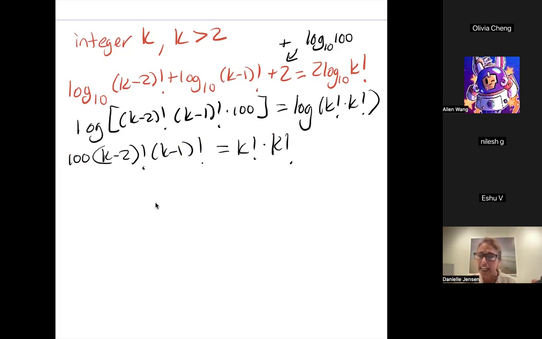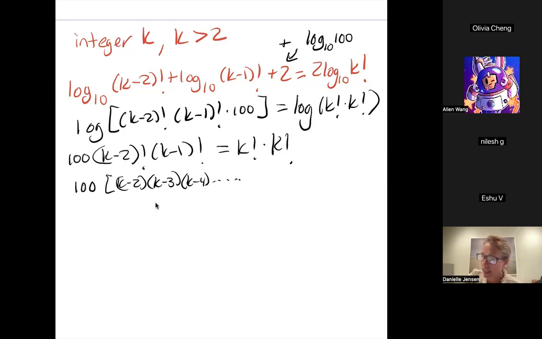right? And I know this is going to simplify, and if I don't quite know how it simplifies, because we did something in one of the counting packets with factorial that was similar, I'm just going to write out what this means. Like k minus 2 factorial is k minus 2, k minus 3, k minus 4, and so on, right?